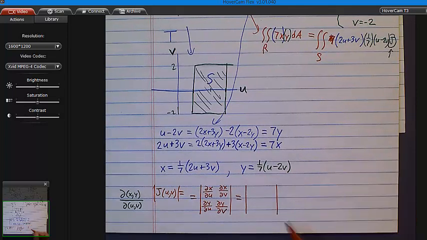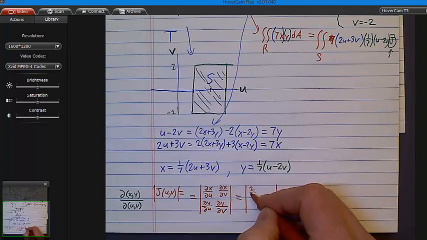Well, this particular example, I want you to understand it's a first problem because in some ways it's very basic. Because what is the partial of x with respect to u if we're talking about this equation here? Well, the v goes away. We treat v as a constant, right? So it's just, yeah, 2/7.